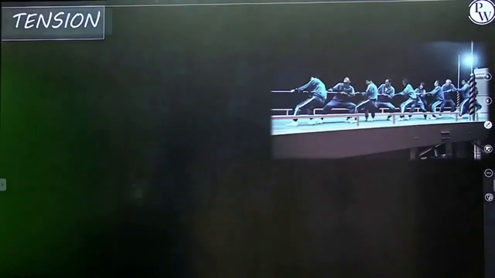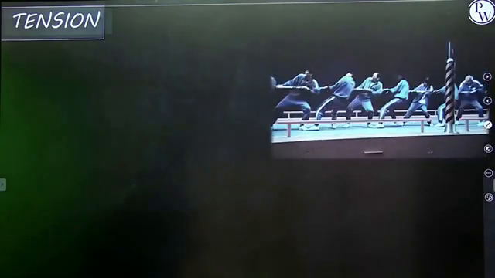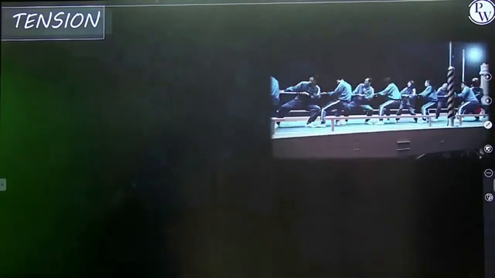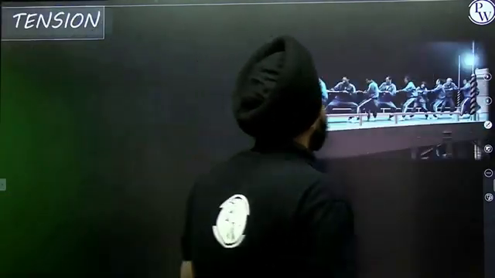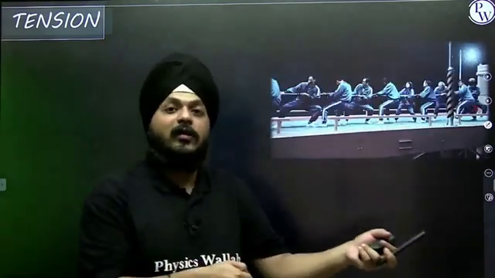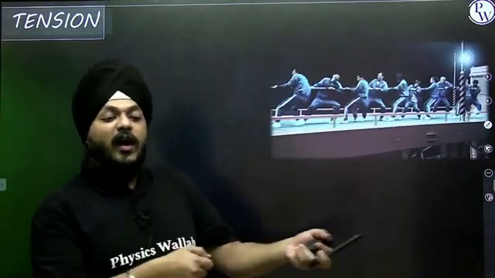What actually is tension? Some students might have seen this game, Squid Game, tug of war.